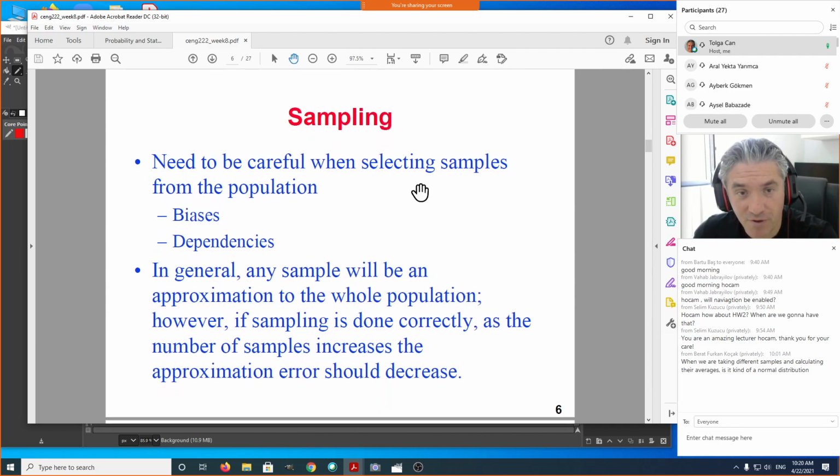When we're sampling from the population, we need to be very careful when selecting the samples. There may be biases. For example, when you're conducting surveys or questionnaires about who's going to vote for which political party in the next election, and you're asking individuals you see on the street, there may be biases.